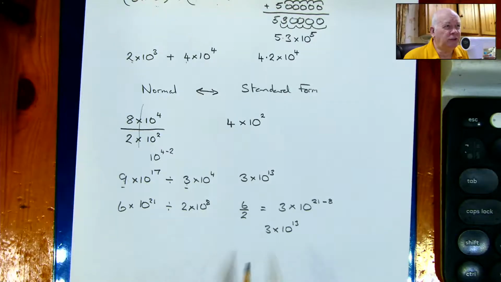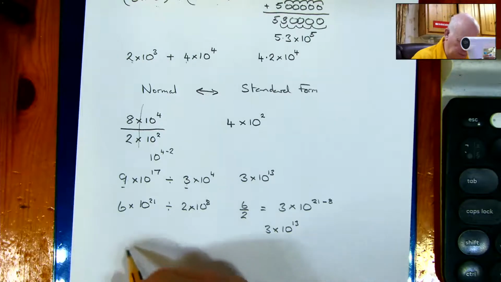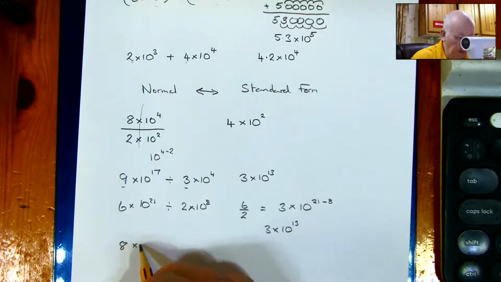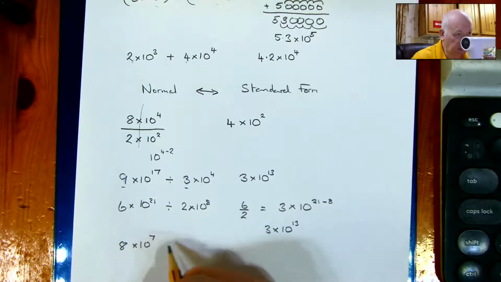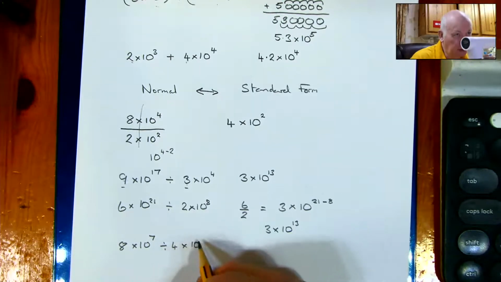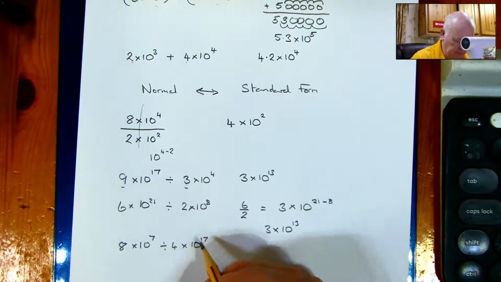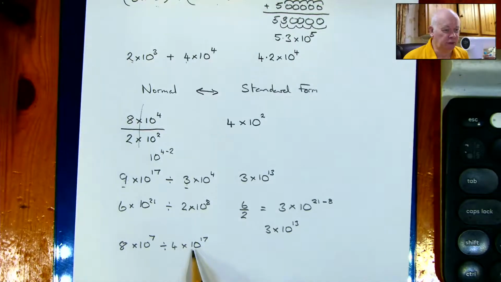So division doesn't have to be more difficult, but sometimes we get a few little problems with this. Let's look at a number like 8 times 10 to the 7, and we'll divide it by 4 times 10 to the 17. Now you'll note that this number here is bigger than that one.